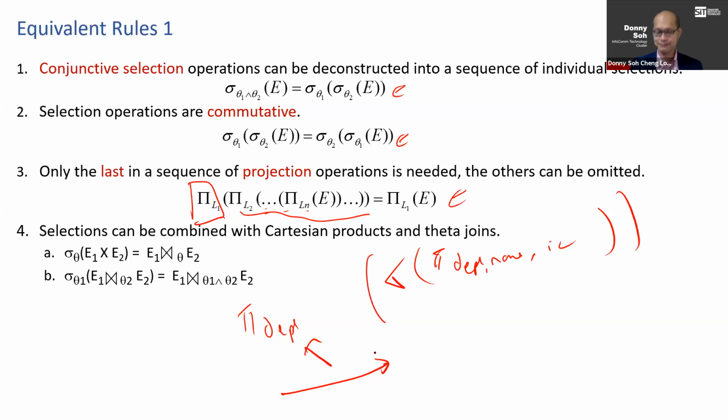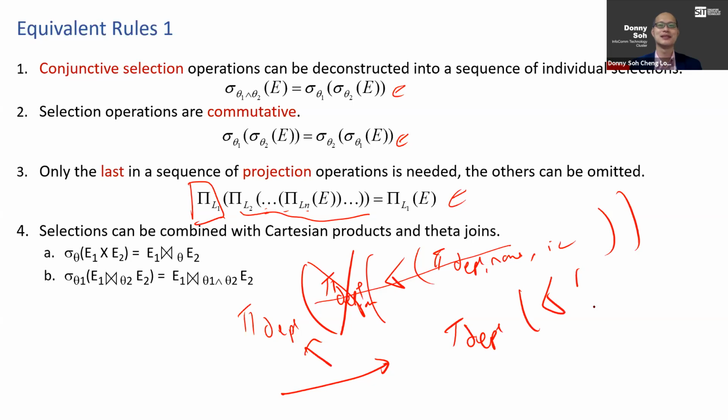What this means is that if I have theta department name, I cannot remove everything here. I can only remove up to here, and I will have the department projection of the sigma of this. So I cannot go all the way in.